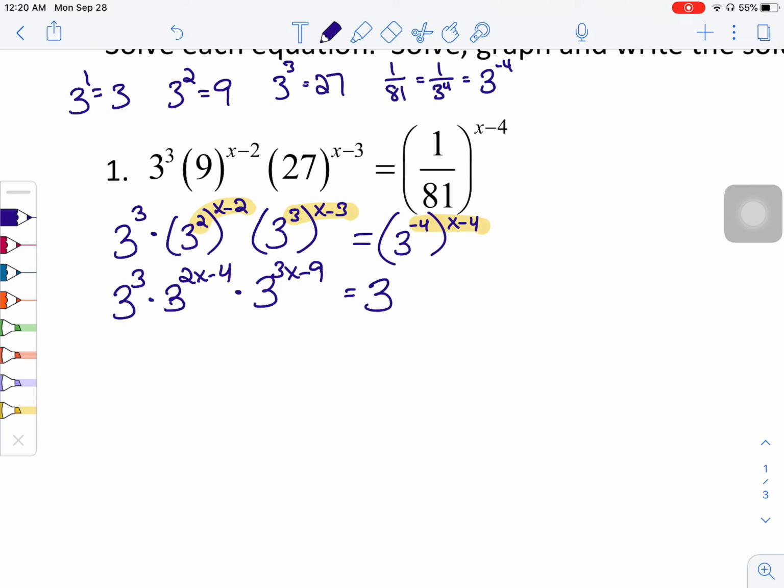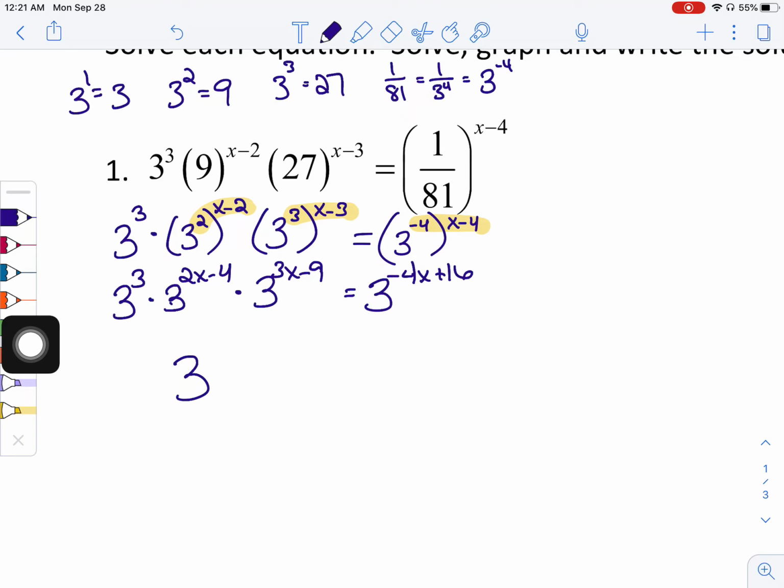Let's see, 3 to the negative 4x plus 16. All right. We have a base 3, and a base 3, which is what we need because now the exponent rule says I can add these together. Okay. So base 3.